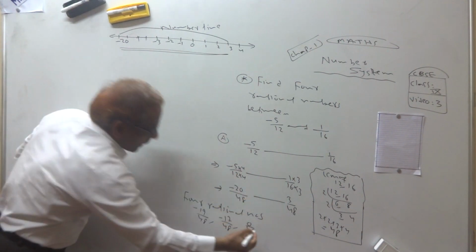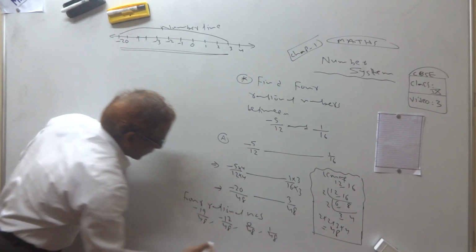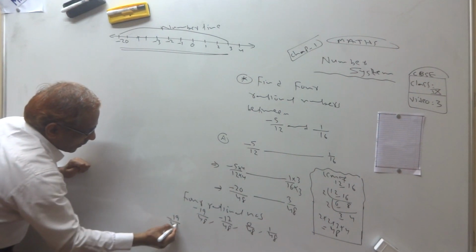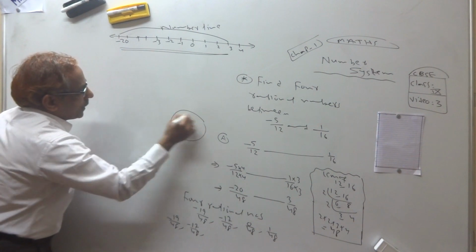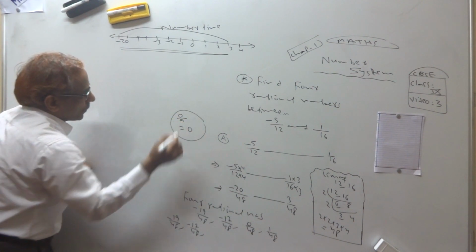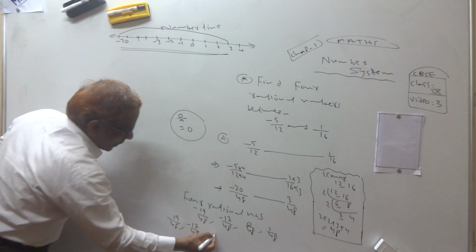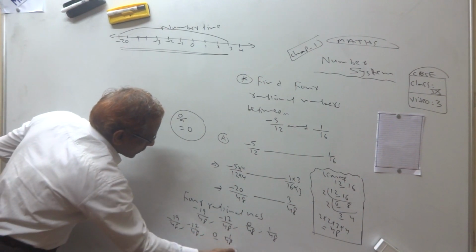I can write 1 by 48 like that. So my answer is -19 by 48, -17 by 48, 0, 1 by 48. 0 by anything is 0. Finish.